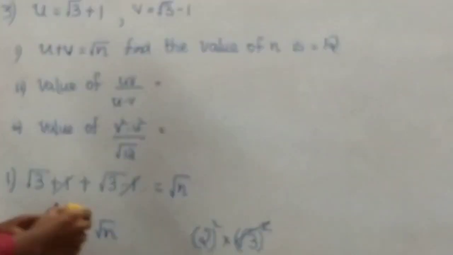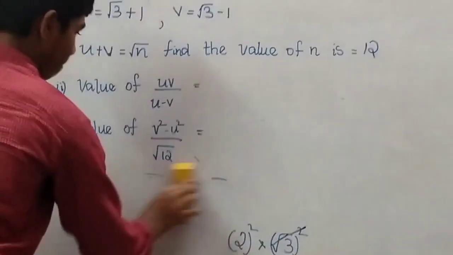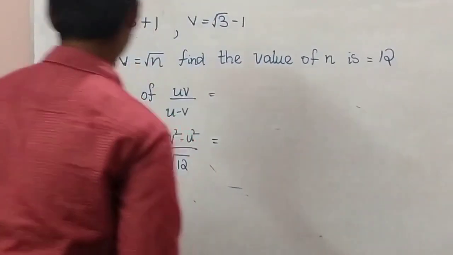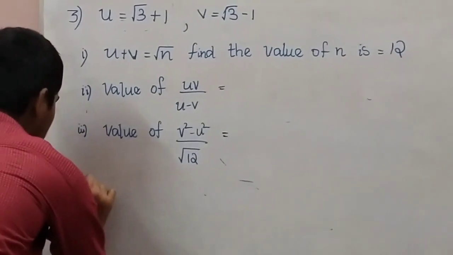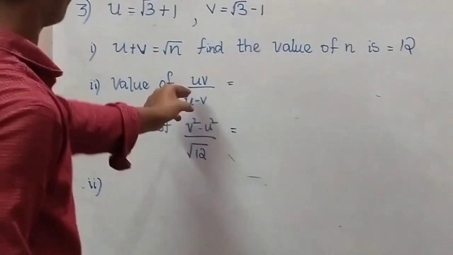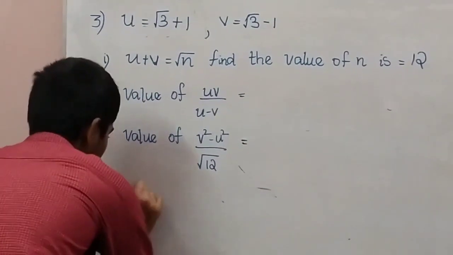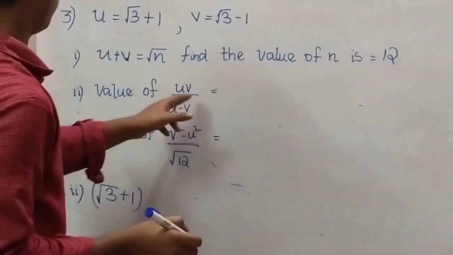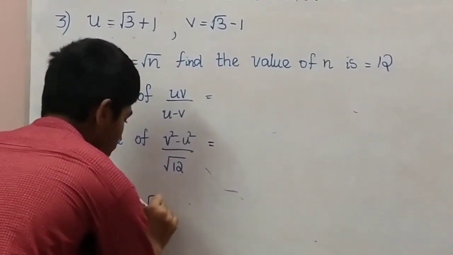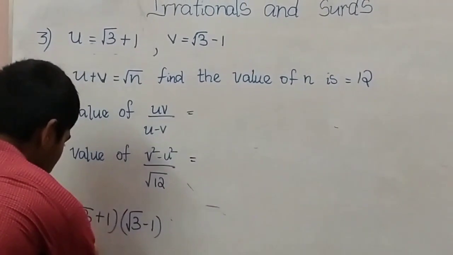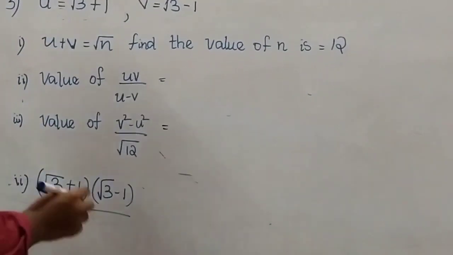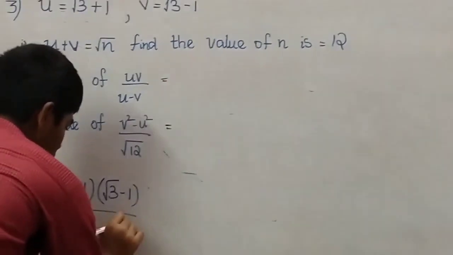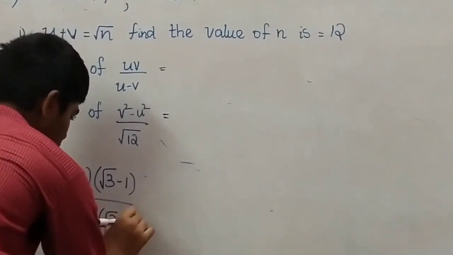Now we will solve the second question, the value of uv divided by u minus v. U means root 3 plus 1 into v, root 3 minus 1, divided by u minus v, that is root 3 plus 1 minus (root 3 minus 1).